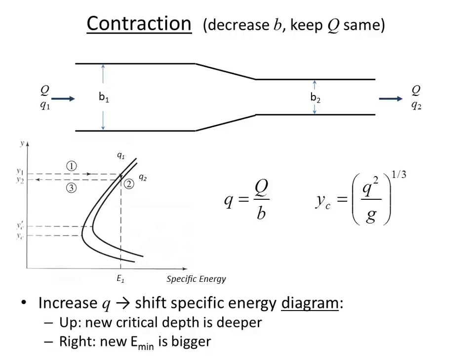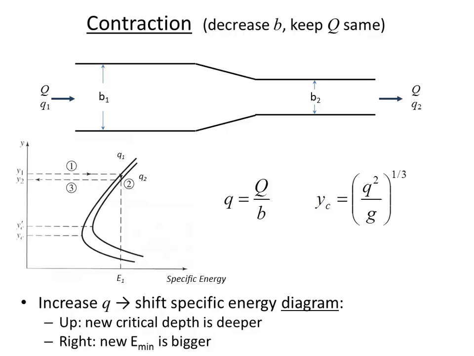And so here we have 2 curves. We've got the curve at 1, and so this is the original specific energy diagram. But when we make the channel narrower, since we are increasing the critical depth, we've got a higher critical depth than before. That shifts the specific energy diagram up and to the right because both of these things increased. The critical depth gets bigger.